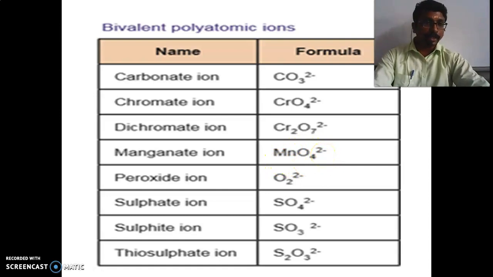For permanganate, MnO4-. For manganate, MnO4 2-. For peroxide, the formula is O2 2-. For sulfate, the formula is SO4 2-.